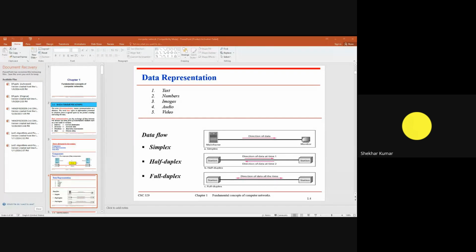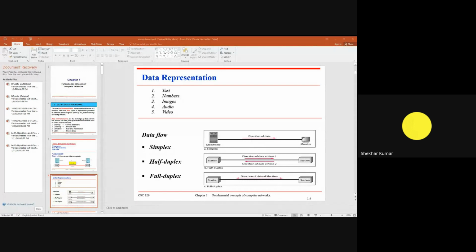The next is the full duplex mode, the third one. In the full duplex mode of data transmission, data is transmitted in both directions simultaneously. You can transmit the data in both directions parallelly.